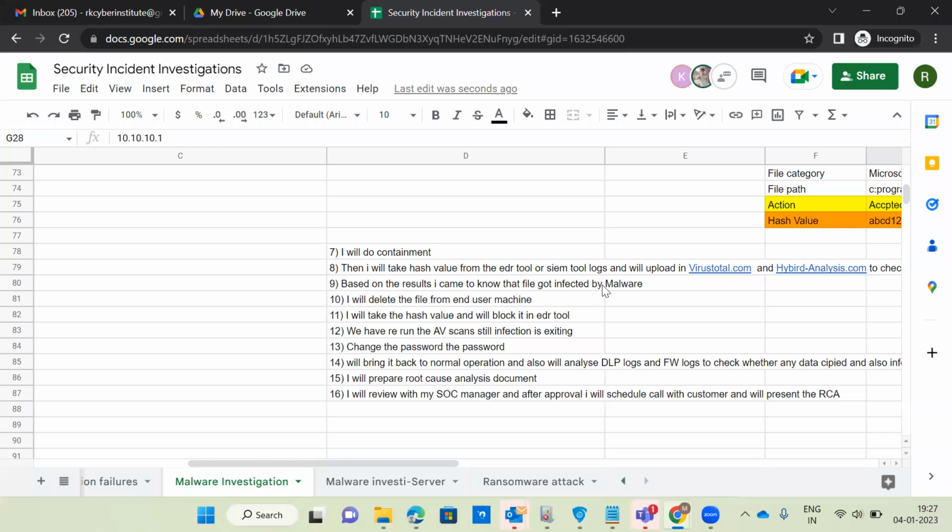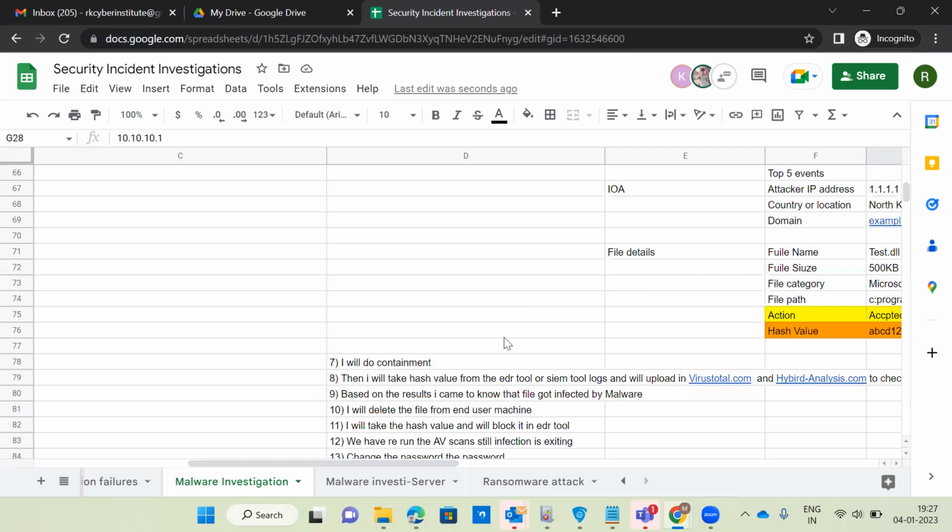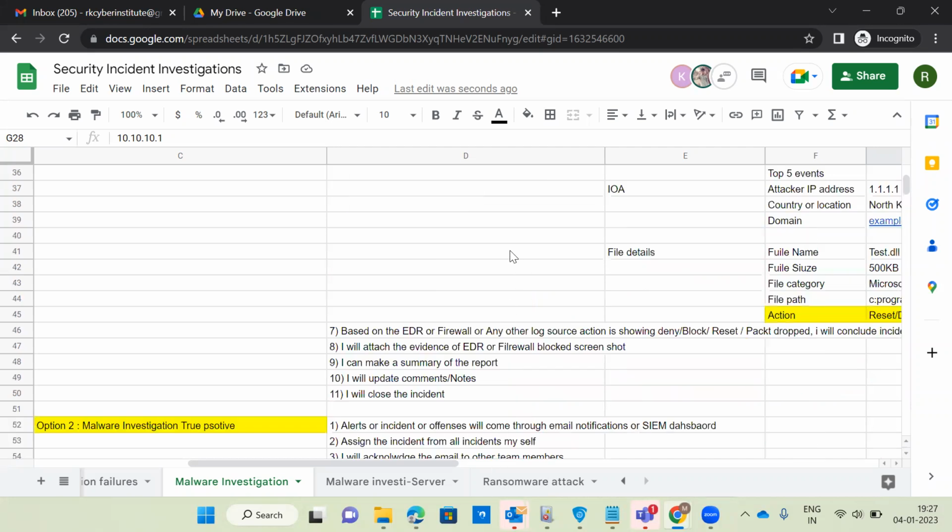Okay, so 100% you are able to say these answers. Additionally, we are adding log sources and also logic. So coming back here, the investigation for a ransomware attack is the same as it is, but the logic will be different.